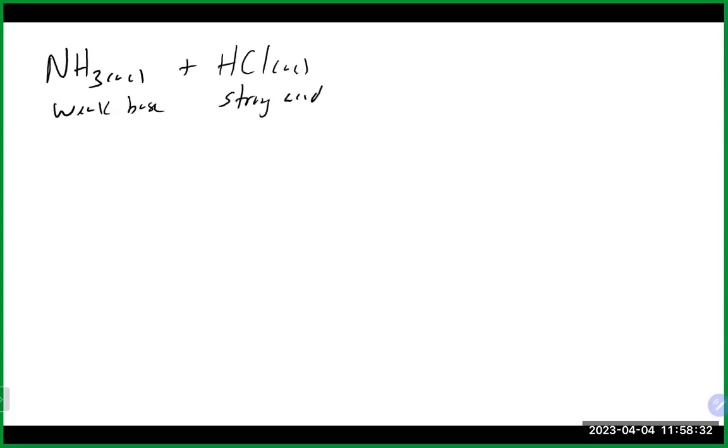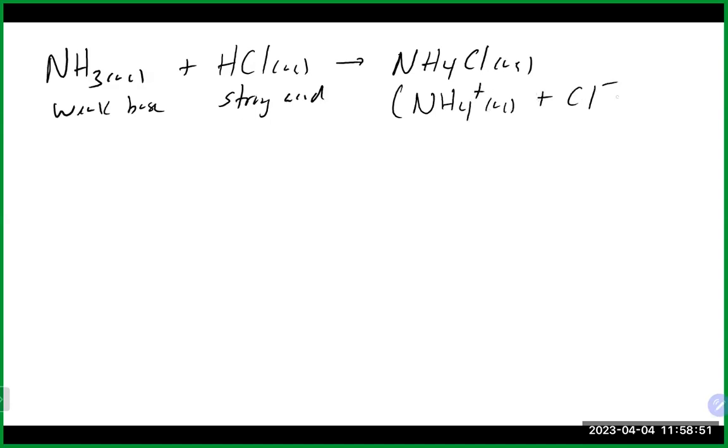So if I took a weak base, something like ammonia, and I react it with something like hydrochloric acid, which is a strong acid, the result of this is we're going to end up with a salt of ammonium chloride. And you can keep it together, or if you want, you can break it apart. You get ammonium and chloride ion, basically.